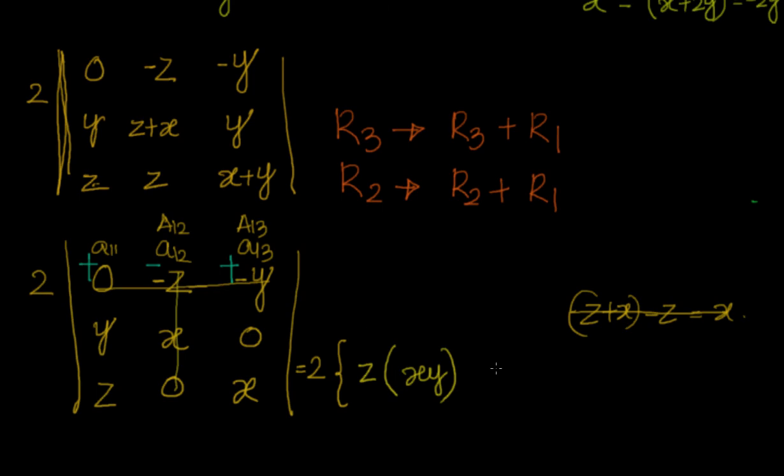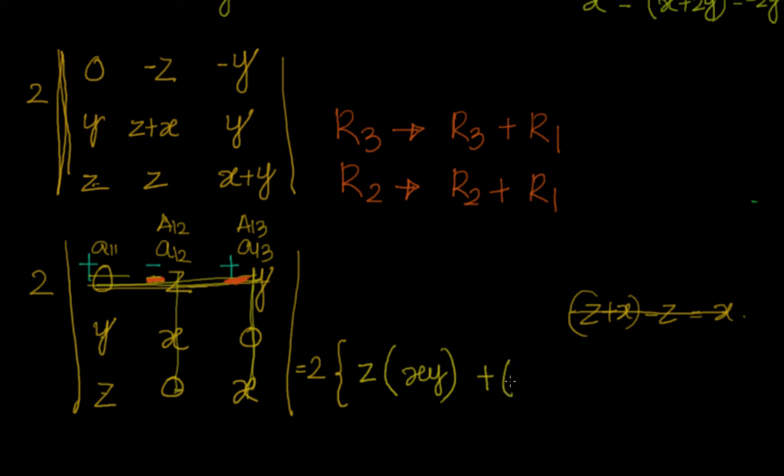Then the next element, that's nothing but equal to A13 into, if I take the row and column where y is present, I will have y x, z 0, that's nothing but equal to y into 0 minus, the elements are 0, minus z and minus y. Maybe I have overwritten it. Let me just put it there. This is minus z and this is minus y.